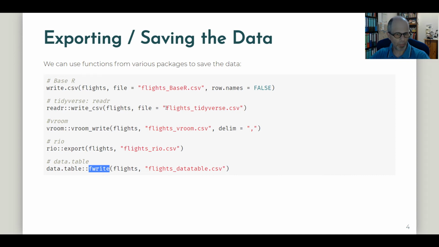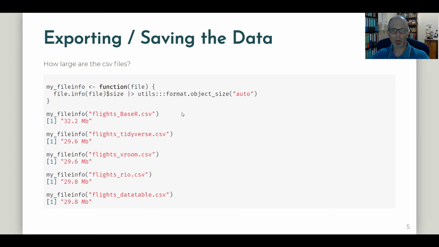Okay, so this is how we can store the data. I stored them to different file names, and you'll see in a moment why. We can compare the file sizes, and we see very quickly that the files cannot be identical because the file sizes differ. The base R file is the largest at 32 megabytes, and readr and vroom also differ a little bit from rio and data.table.